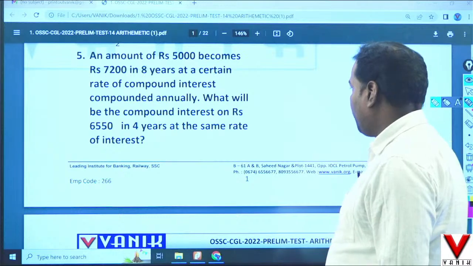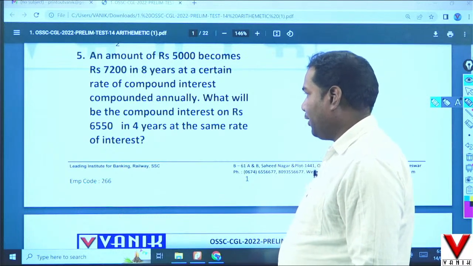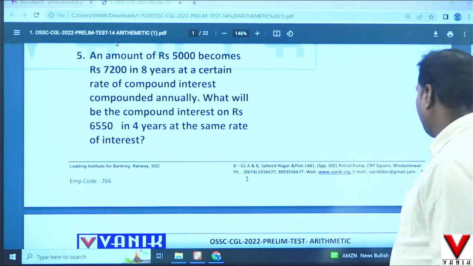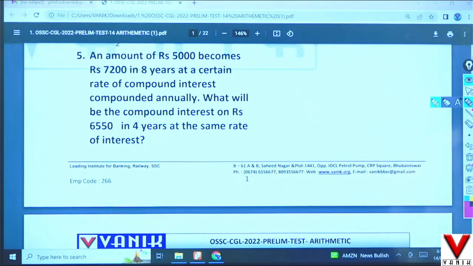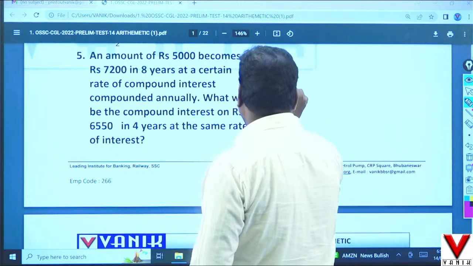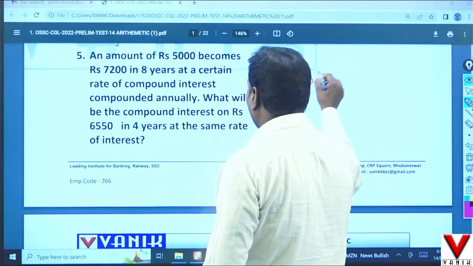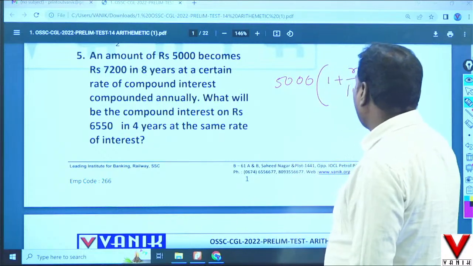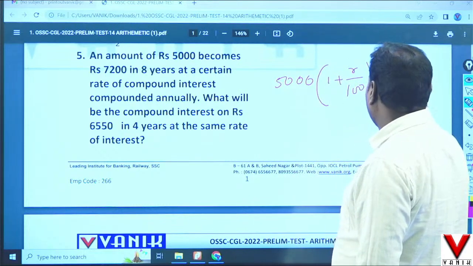What will be the compound interest on rupees 6,550 in 4 years at the same rate of interest? So here an amount of 5,000 rupees becomes, 1 plus r by 100 whole to the power 8 is equal to 7,200.